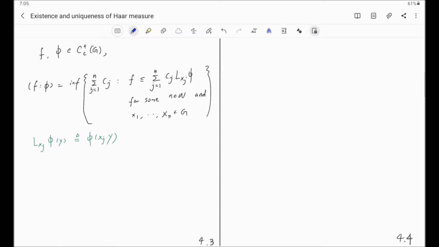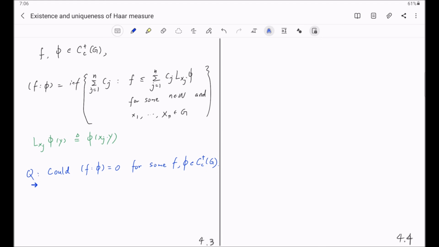The second question that we could ask is the following. Could this Haar covering number f column phi be 0 for some f and phi in CC plus G?